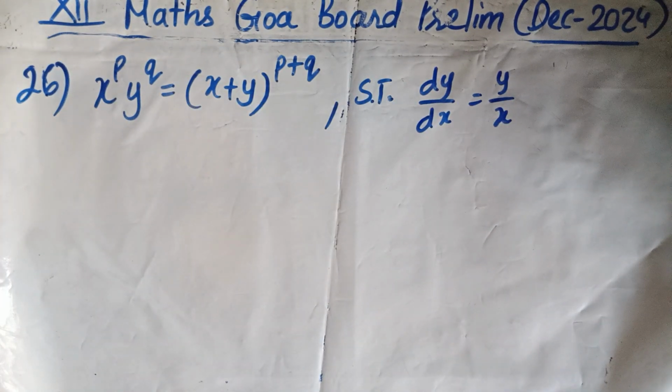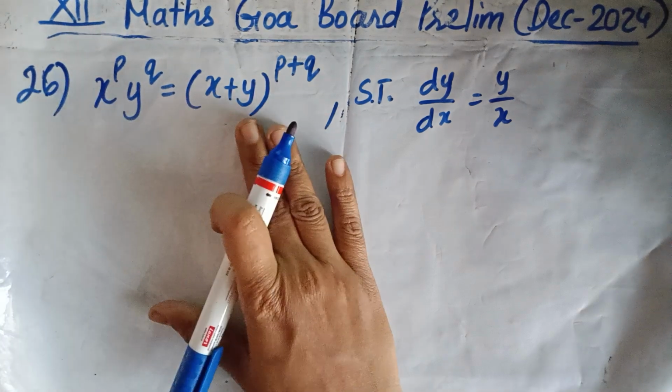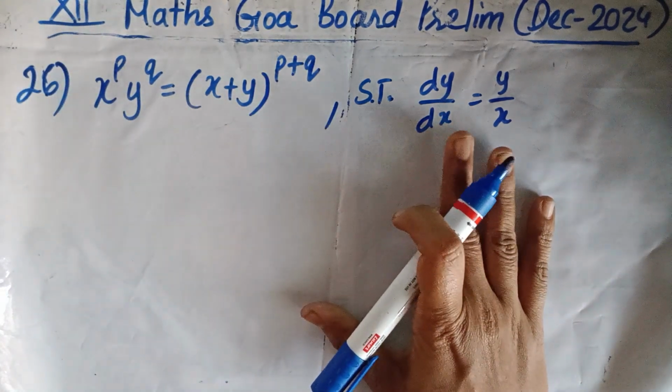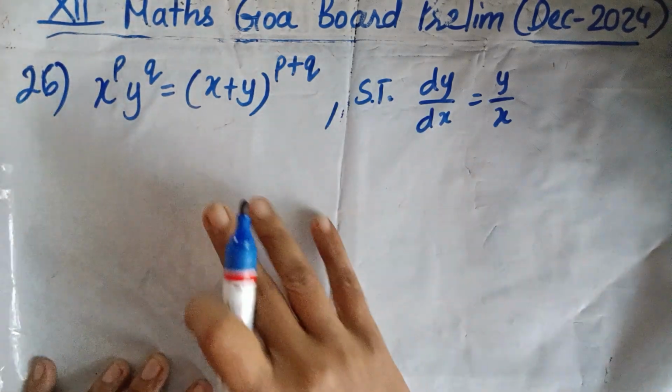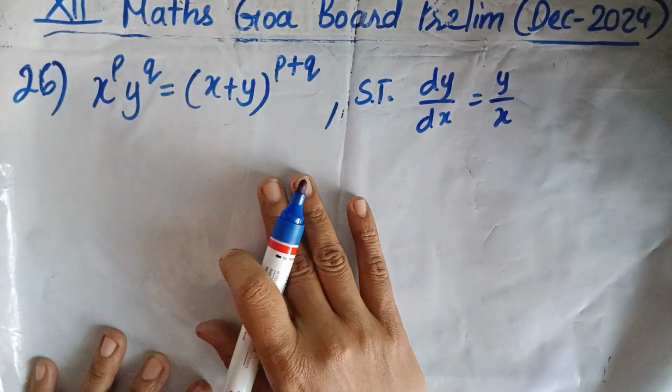x raised to p, y raised to q, this is given. You have to prove, that is, you have to show this. So whenever a raised-to function is given, then you have to use log, right?